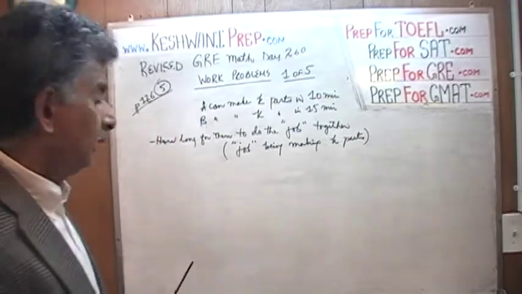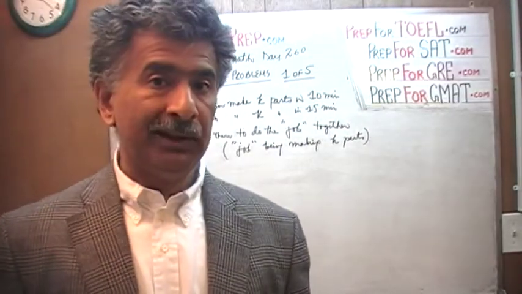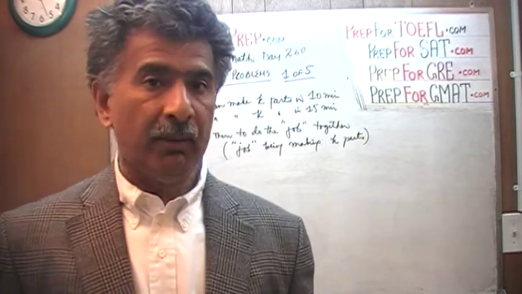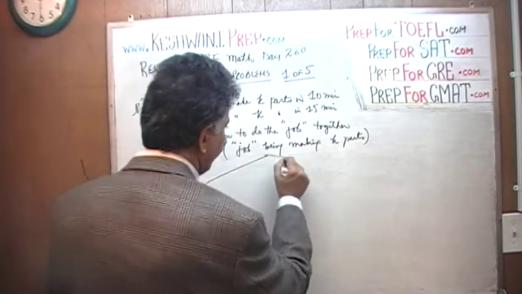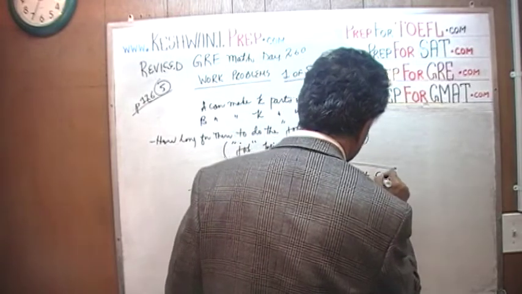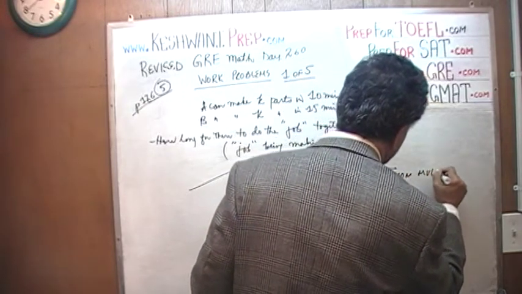So let's do it. There are two ways we can go about it. One is what I call the plugging in method, and the other one is the least common multiplier method. So let's do them both here. Let's do the least common multiplier method.